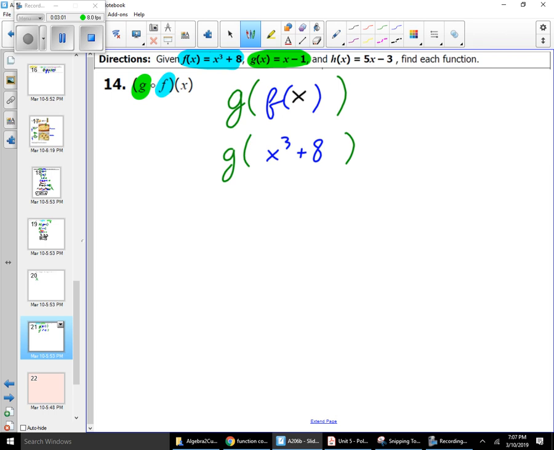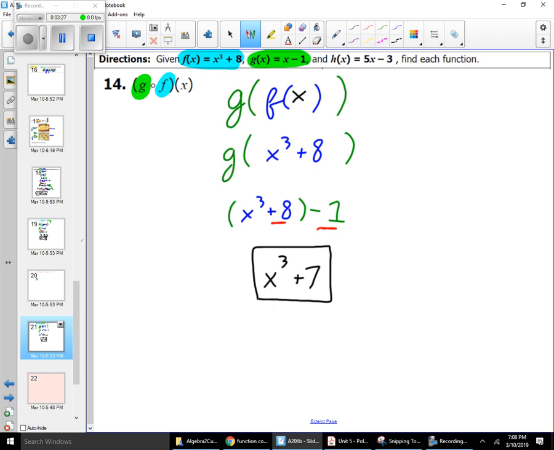And g of that value just means I'm going to take g, which is x minus 1, and replace that x with an x cubed plus 8. Well, there's nothing to do in the parentheses there, so all I have to worry about is that plus 8 and that minus 1. 8 minus 1 is 7.